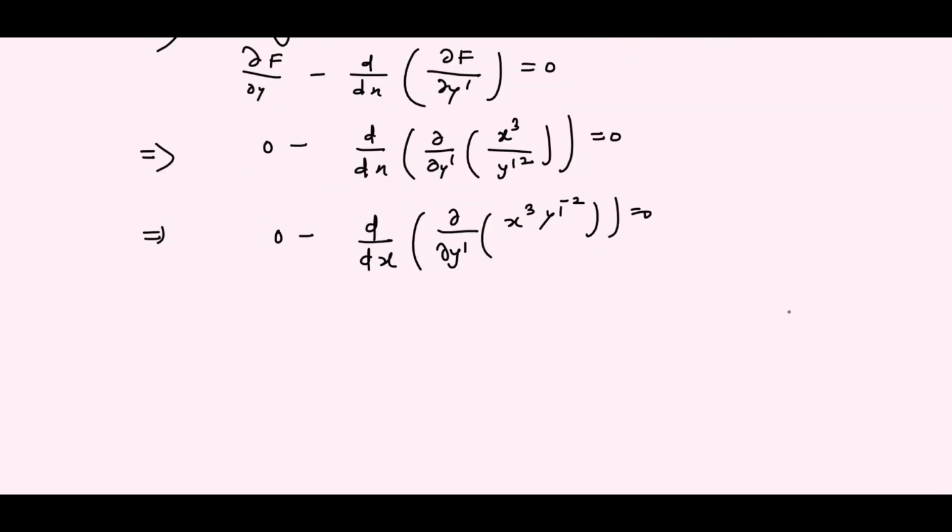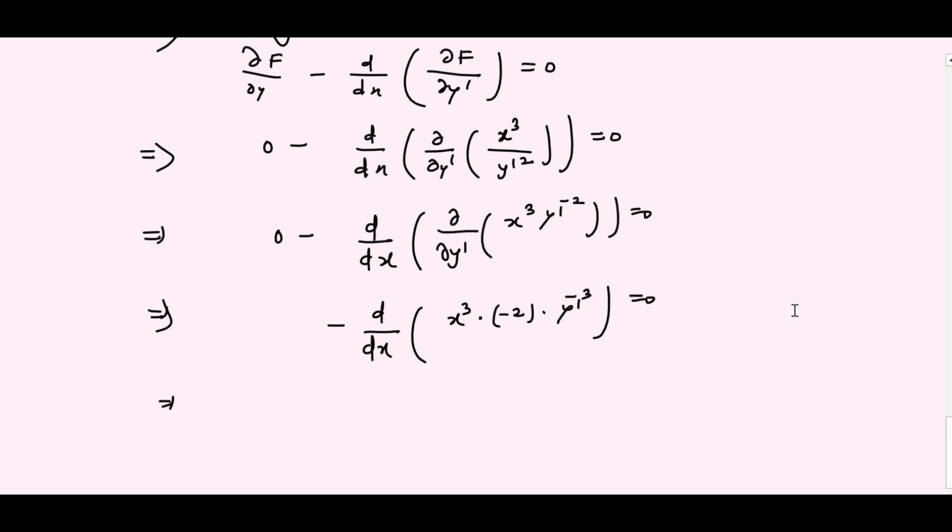So now differentiate with respect to y' partially, it will give minus d/dx of x cube multiplied by negative 2 times y' to the power negative 3 is equal to 0.